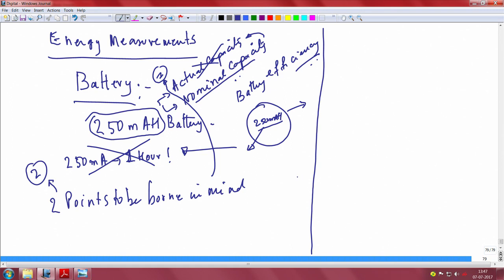In reality it means this. So, what does it mean? This number cannot be a number just given out for fun by the manufacturer, right.